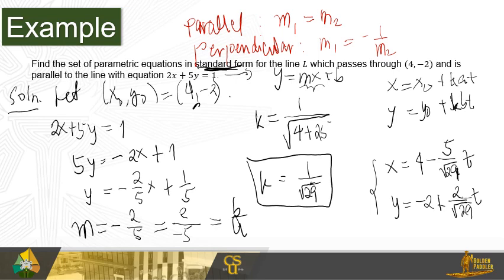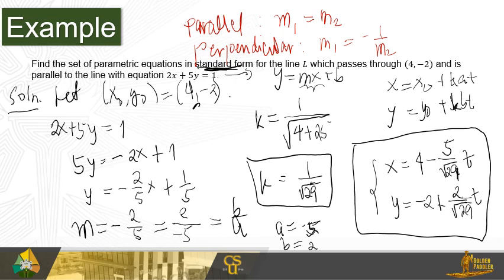Yung a is negative 5, x equals 4 plus k, yung a is negative 5. Okay, sakto na. So ito na yung final answer natin para sa example number 2.